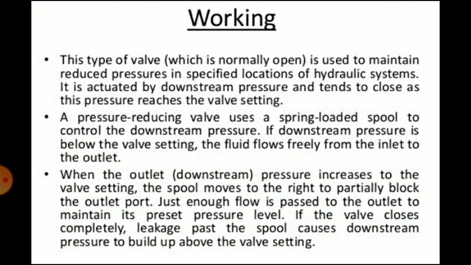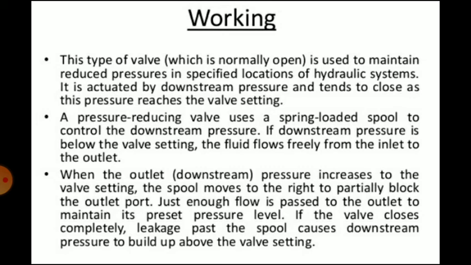This type of valve, which is normally open, is used to maintain reduced pressures in specified locations of hydraulic systems. It is actuated by downstream pressure and tends to close as this pressure reaches the valve setting. The pressure reducing valve uses a spring loaded spool to control the downstream pressure.